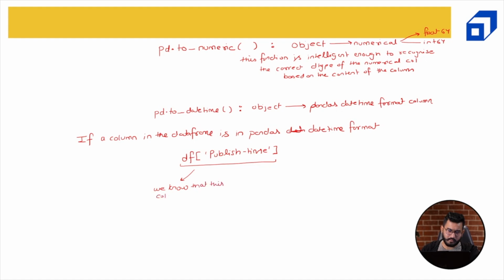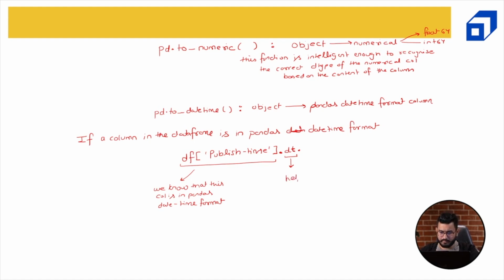Now if I put dt and dot, this dt is basically an accessor which helps you perform extraction of various components of date and time.